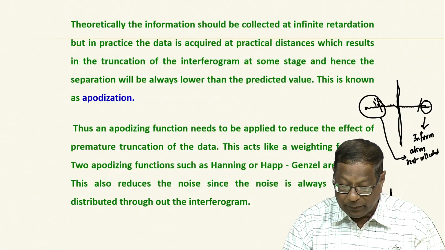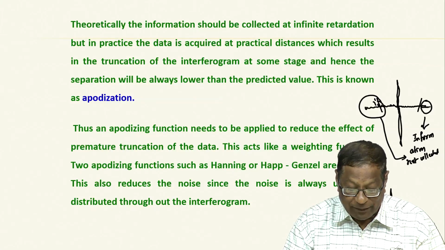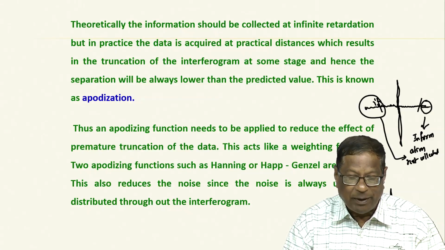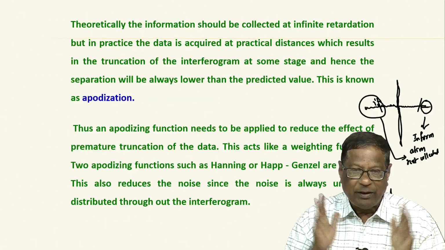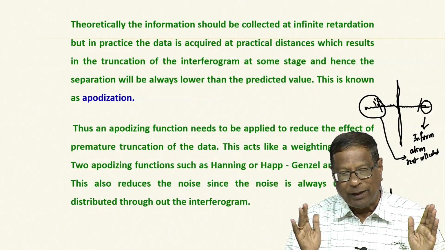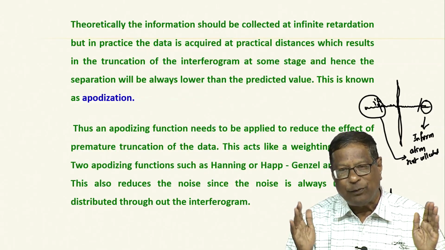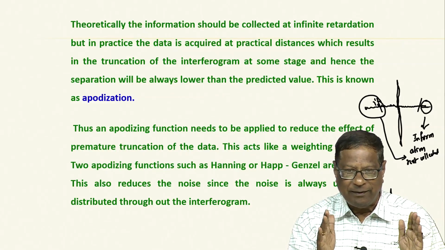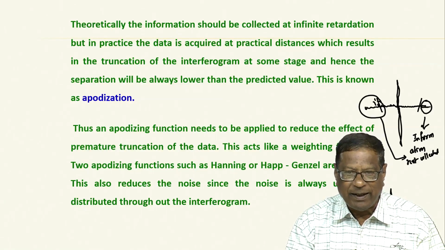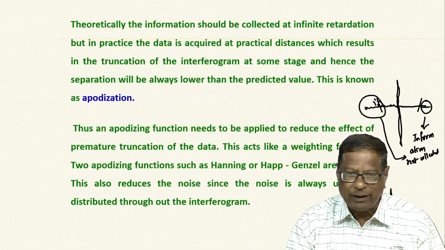I am not going into details of these Hanning and Happ-Genzel techniques, but suffice it to say that you can stop the Fourier transform from infinite to a particular practical size, and this truncated information needs to be taken care of.